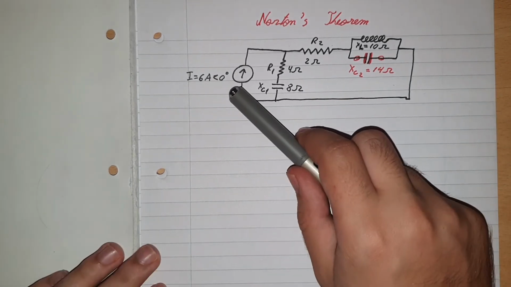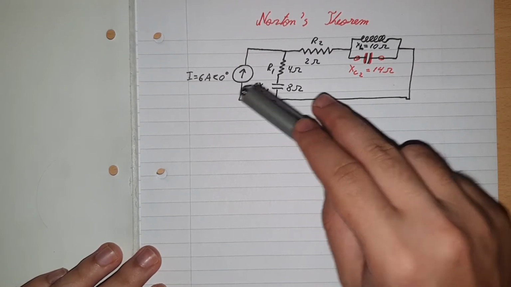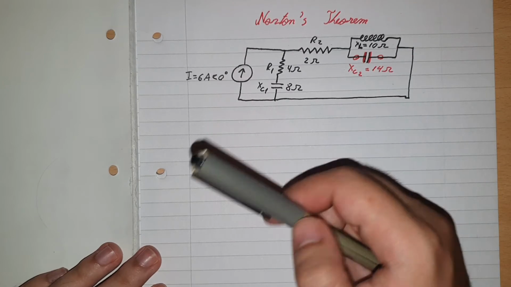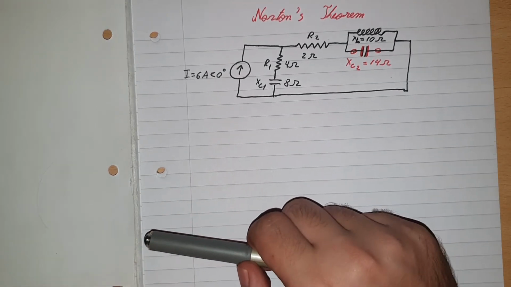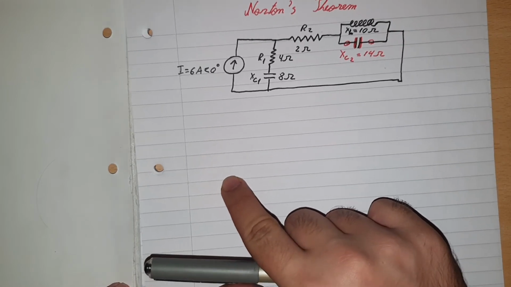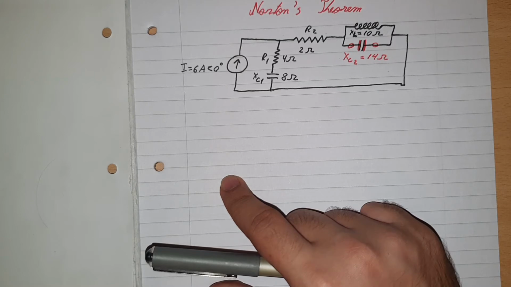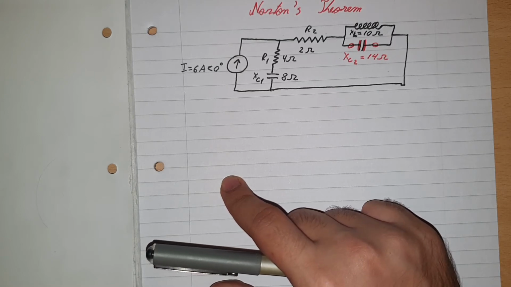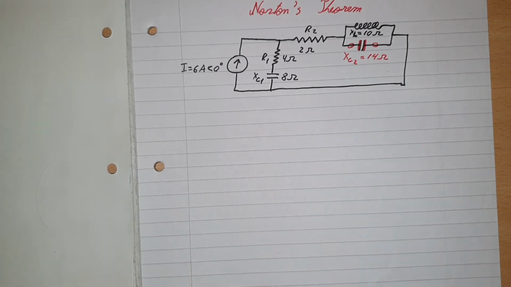And again, it's only one current source or one voltage source, because if I try to do so with 2 of them, I would need to apply superposition to it, and you already know that. What I'm trying to do with these videos is to show you how to simplify a circuit, because again, you don't use Norton and Thevenin's theorem to calculate an entire circuit, you use them to simplify a circuit.